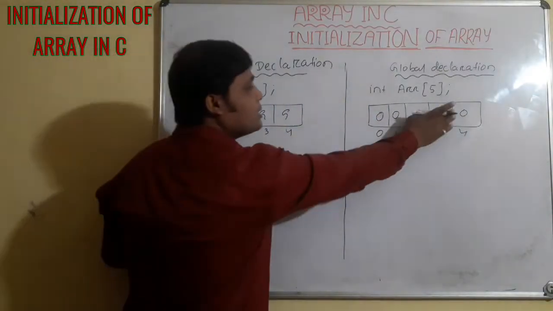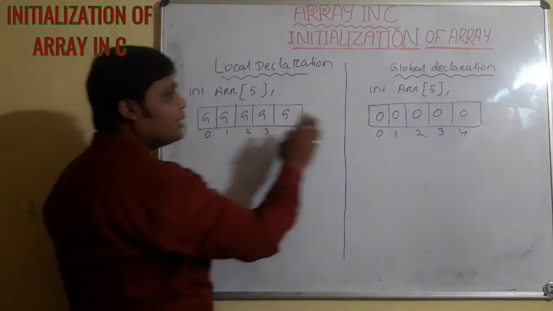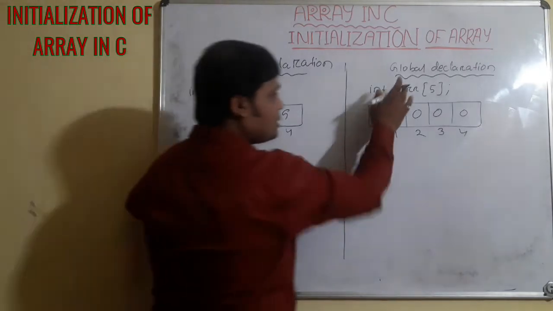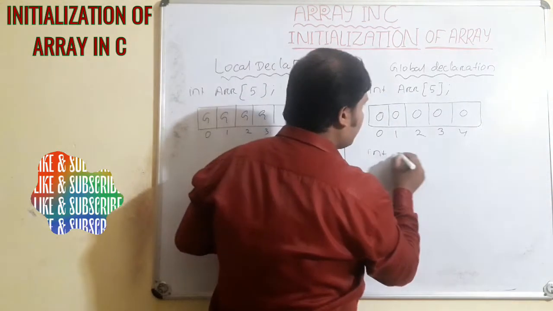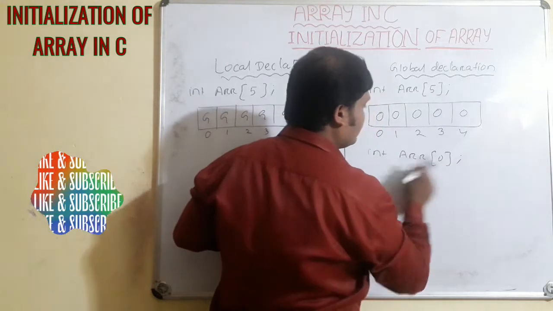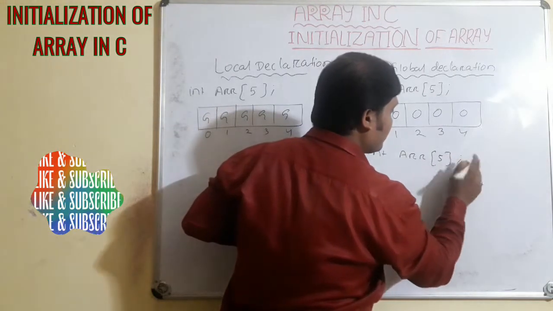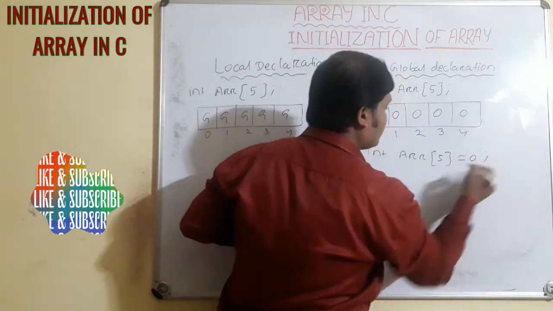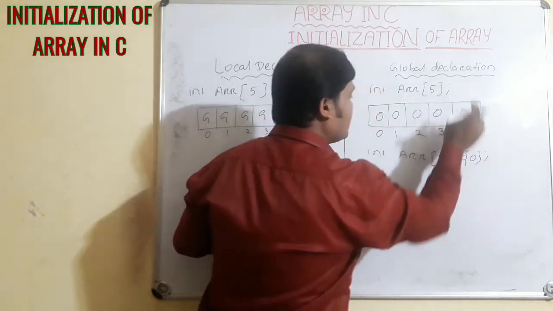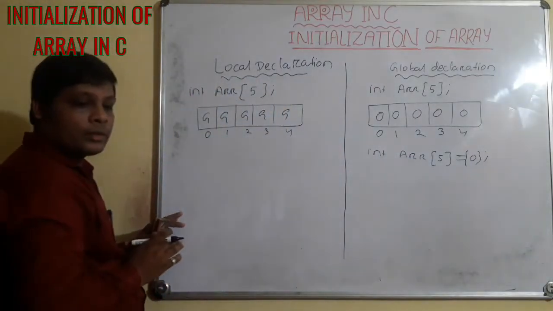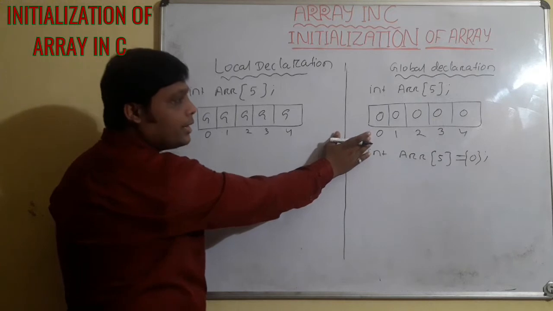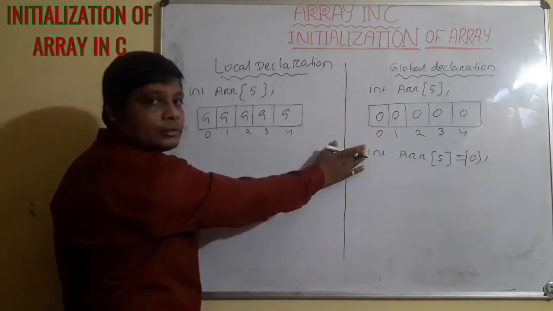The array will be filled with 0. Instead of garbage values, it will be initialized with 0. This is the same as integer ARR of 5 equal to 0. Clear? This is initialization of array in the case of global declaration.